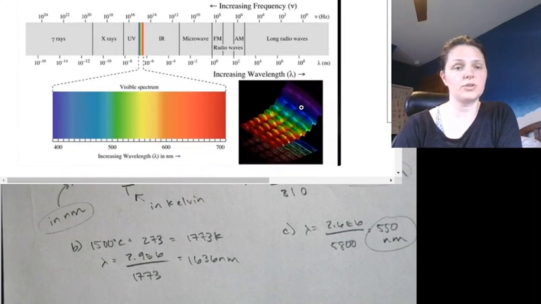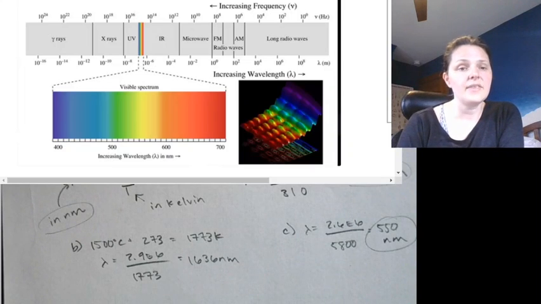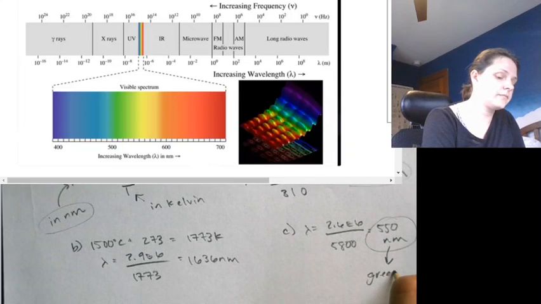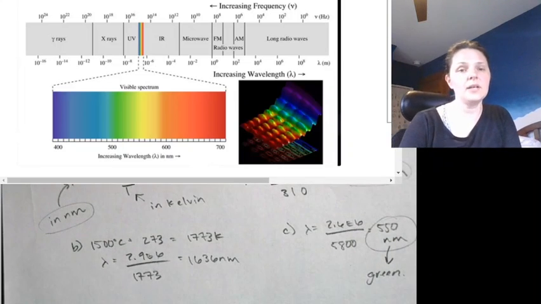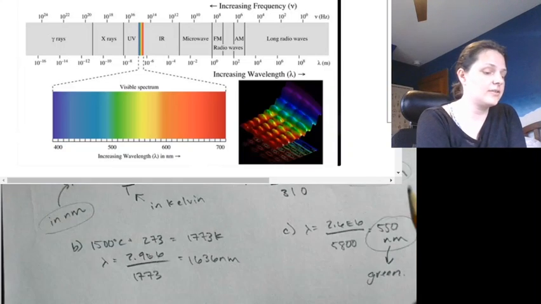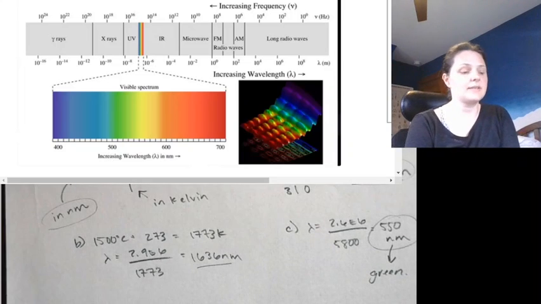I just found this from a Google search because I didn't pull up anything good before I started this video. But you can see this is in nanometers already. So we are good here. Well, 550 nanometers is right here. So 550 nanometers, this is green. And the wavelengths of these two things, 9355 and 1636, are both wavelengths of infrared.